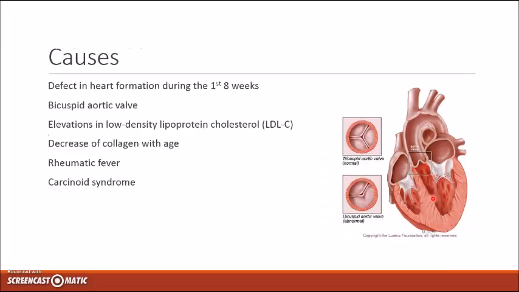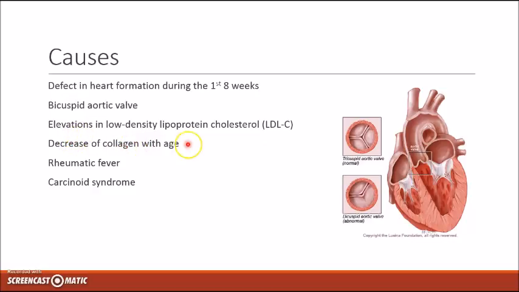So for the causes, if it's a congenital heart disease, it would be due to defects in formation in the first 8 weeks, as we said earlier, or the valve itself, instead of being a tricuspid valve with 3 leaflets, has just 2.